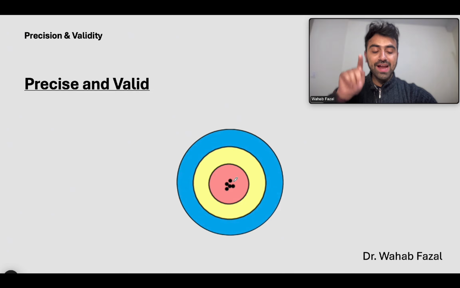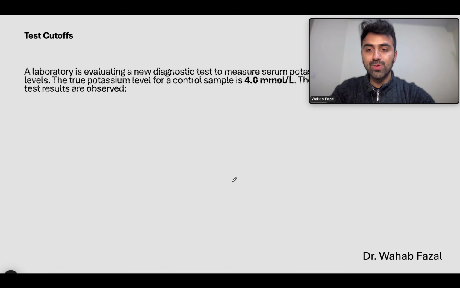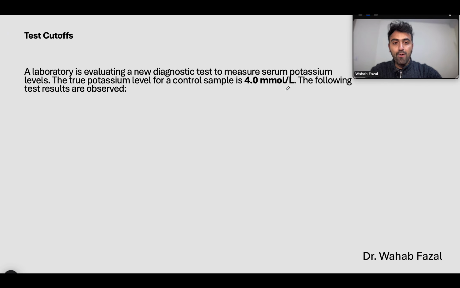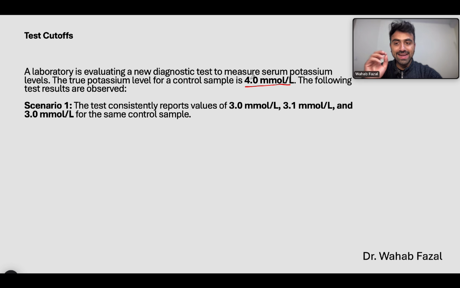Now let us try to solve our example again. In our example, the target that we had was 4, and we were getting the following results. We were getting 3.0, 3.1 and 3.0 again on this test, in scenario 1. These values are very close to each other if you think about it.